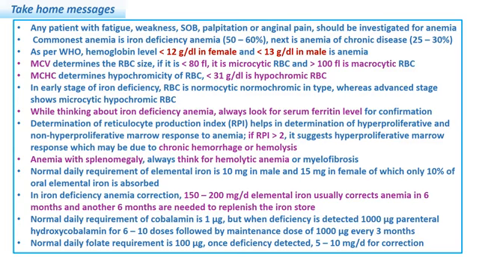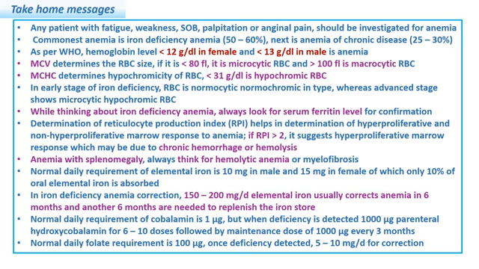Normal daily requirement of elemental iron is 10 milligram in male, 15 milligram in female, of which only 10% of oral elemental iron is absorbed. In iron deficiency anemia, 150 to 200 milligram per day of elemental iron usually corrects the anemia in 6 months, and another 6 months are needed to replenish the iron store.